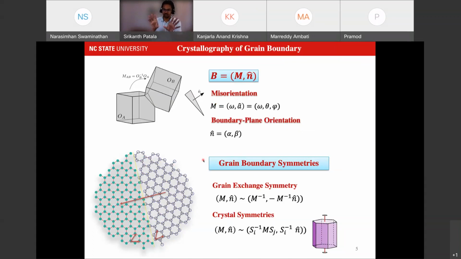The difference in the orientation or the rotation between the two crystals is referred to as the misorientation. And then I have the boundary plane, which, for example, can be 1 0 0, 1 1 1, 1 1 0. So this can be defined by a unit vector. So there are in total 5 unique crystallographic parameters that define the crystallography and hence the structure and properties of interfaces.